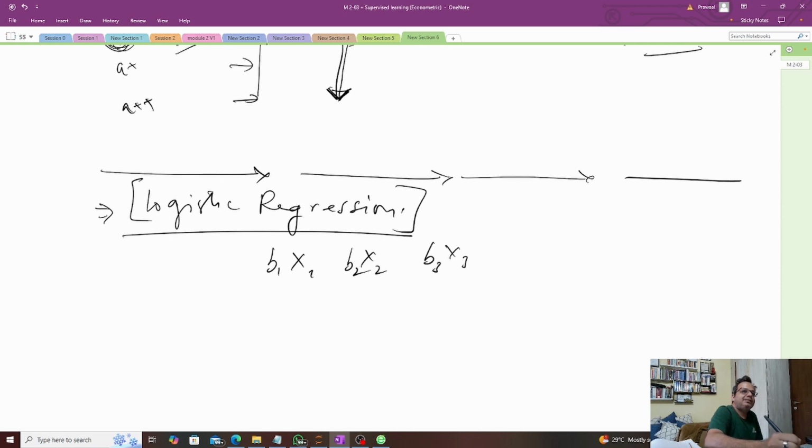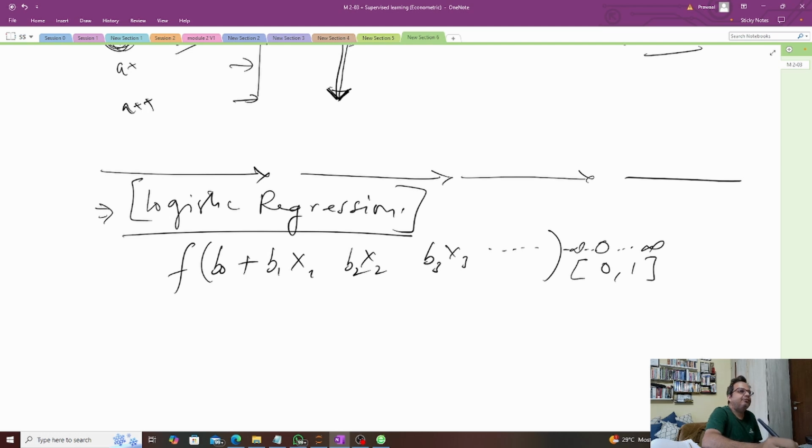But since this is more of a classification rather than a regression, we have to put them through some kind of a function, which instead of giving the total value in say 0 to infinity, or say minus infinity to plus infinity, puts this in a range of say 0 and 1.